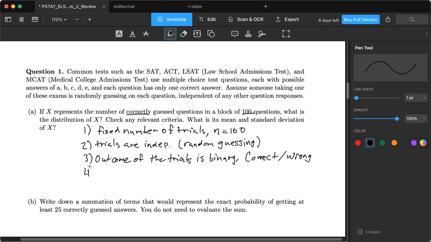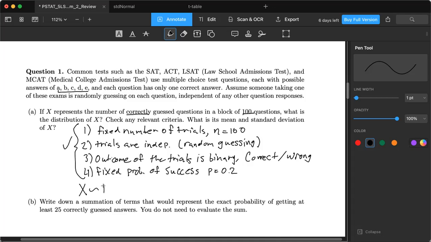And lastly, we have a fixed probability of success. There's 5 possible answers, so there's a 1 in 5 chance, which means that p is fixed at 0.2 for each trial. So these are the 4 criteria that we need to check to say it's a binomial distribution.